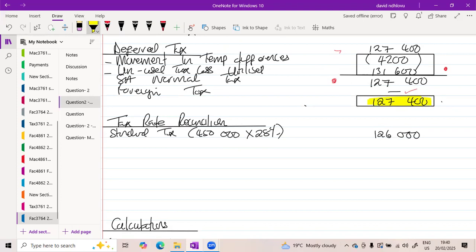And what do I do, good people, to reconcile? What should I look out for? Right. Remember, in my calculation of current tax, I took this amount, profit before tax. I removed the exempt differences, but I have not done the same here.